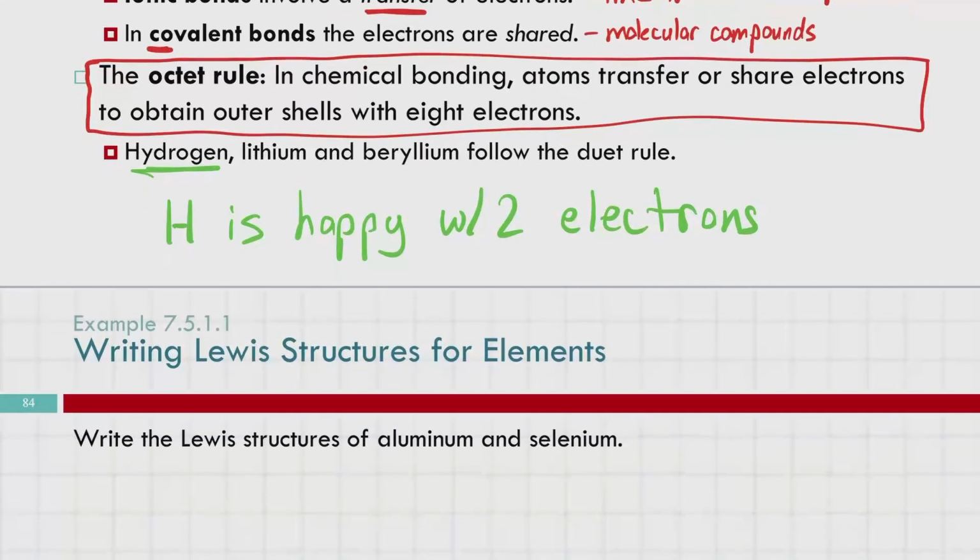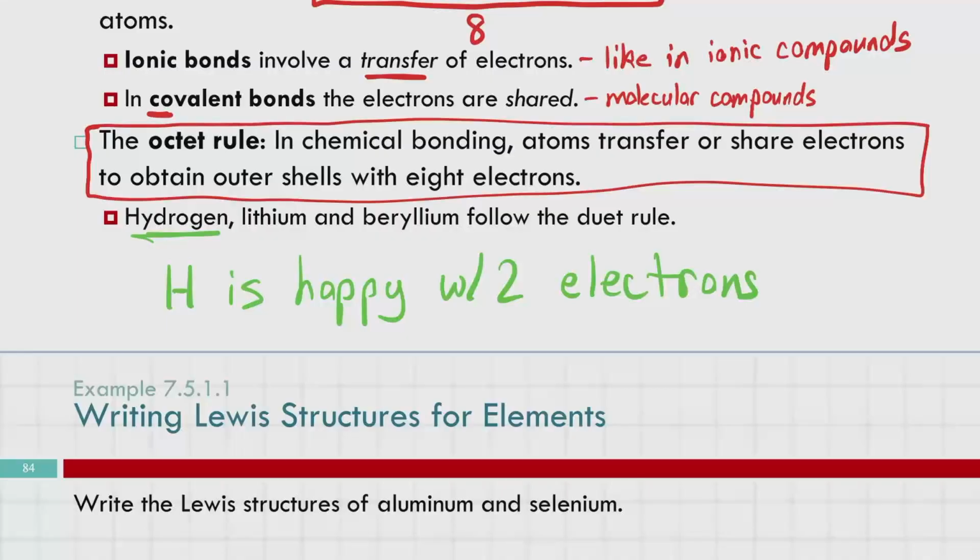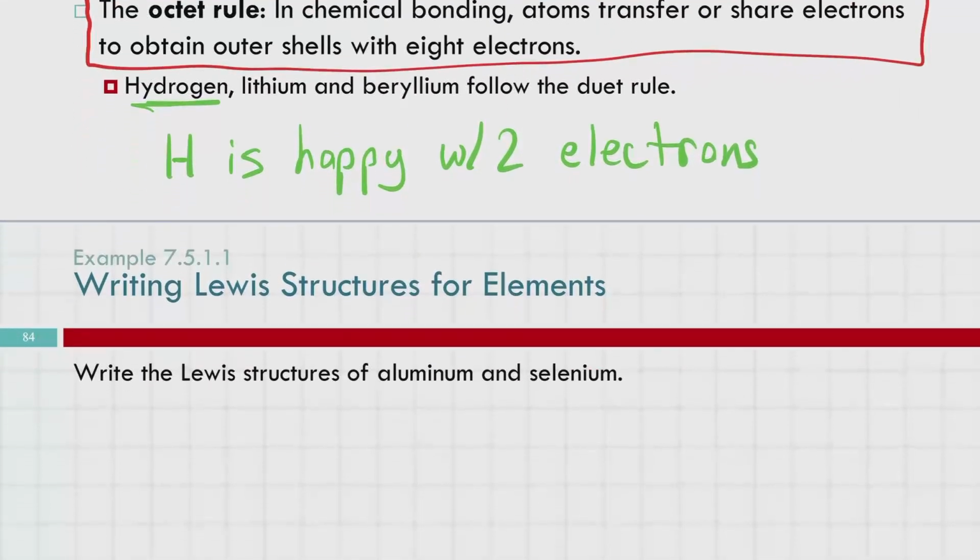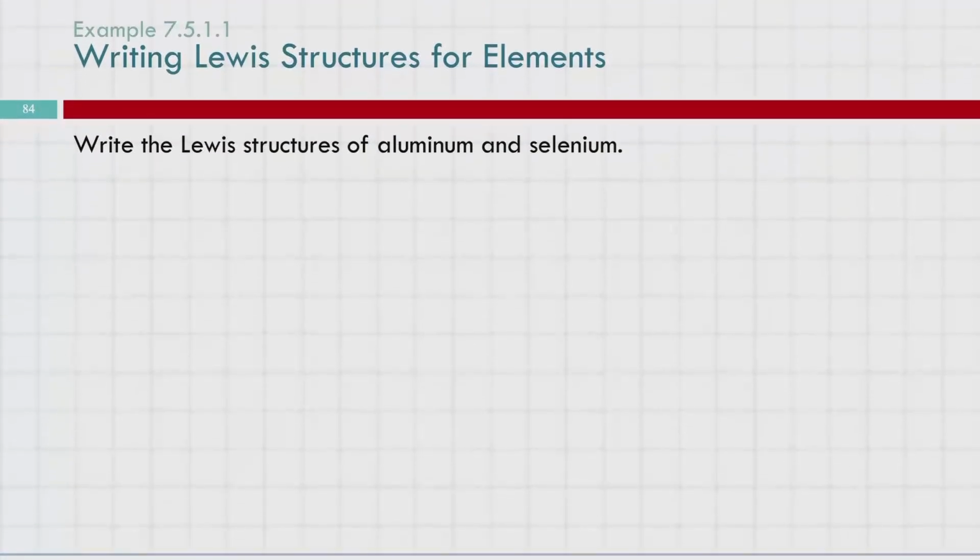All right, let's look at an example of ionic bonds. We've got structures for aluminum and selenium. And I think we're just doing the Lewis structures for aluminum and selenium here. We'll do some bonding later because it takes a lot of time.